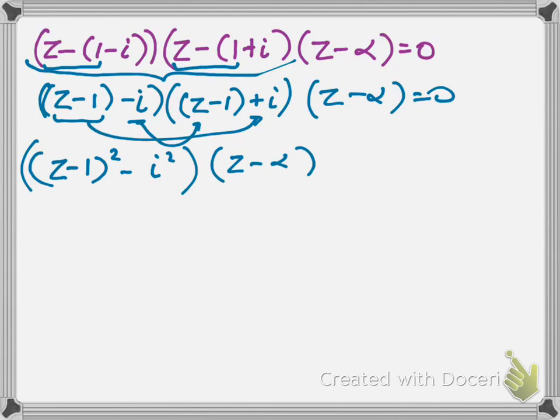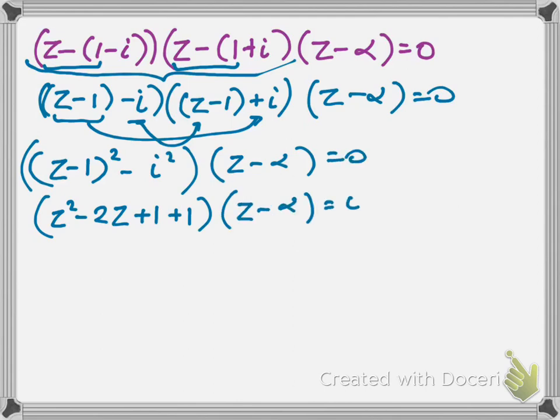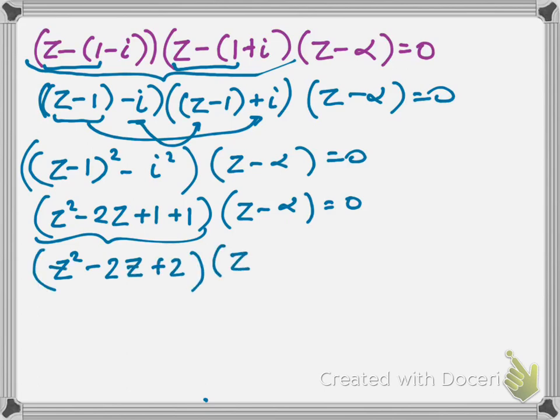Z minus 1 squared, you can use the perfect square, so you end up with z squared minus 2z plus 1. Then i squared is minus 1, minus minus 1 is plus 1, into z minus alpha equals 0. So this simplifies to z squared minus 2z plus 2 into z minus alpha equals 0.